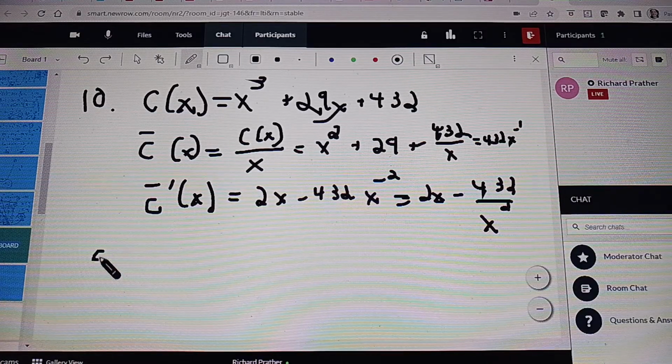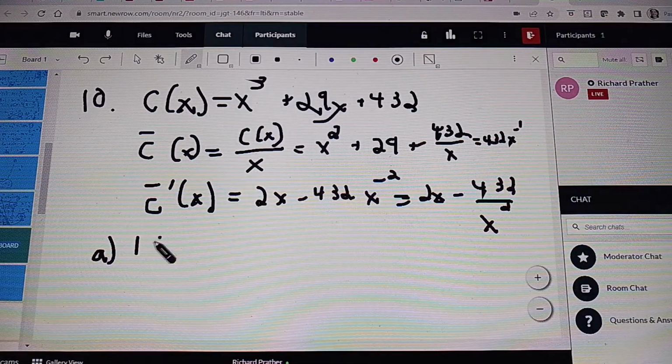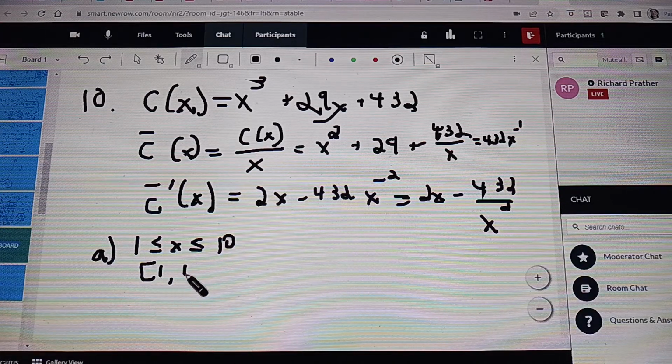So part A wants me to go between negative 1 and 10. I mean positive 1 and 10, sorry. Positive 1 and 10. So I have a closed interval from 1 to 10. Are there any critical numbers here that I need to add to my list? So if x is 0, then the bottom of this will be 0.